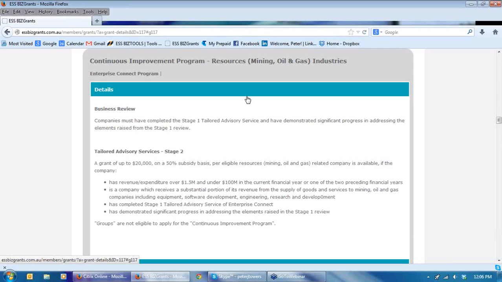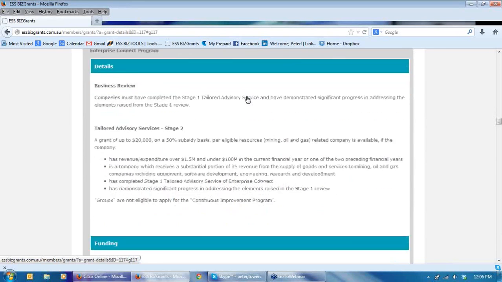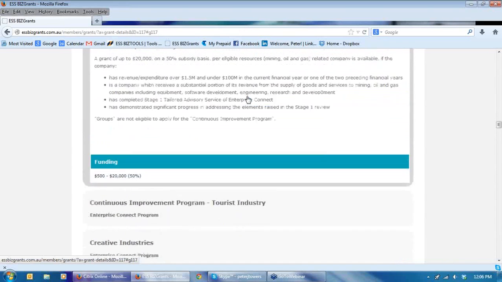The prerequisite requirement is that the business must have implemented the strategies which were identified in the Tailored Assistance Program before they're going to be eligible to be admitted to the Continuous Improvement Program.